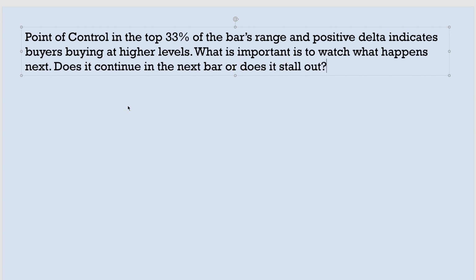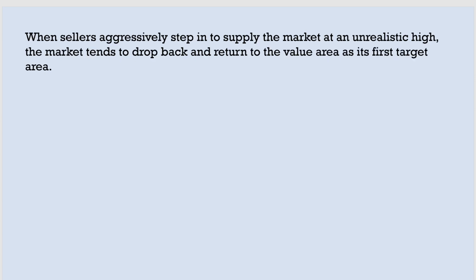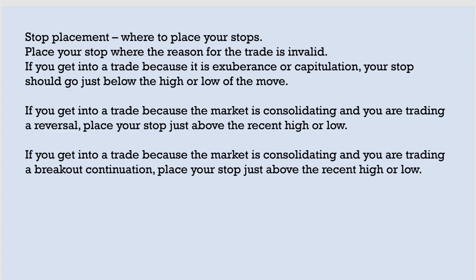But flip it over for a market selling off. Point of control in the bottom 33% with negative delta means sellers in control. So just a few things to highlight. When sellers aggressively step in to supply the market at an unrealistic high, the market tends to drop back and return to the value area as its first target area.